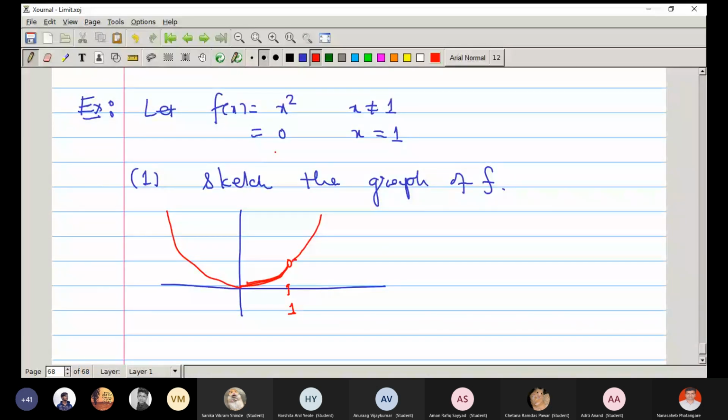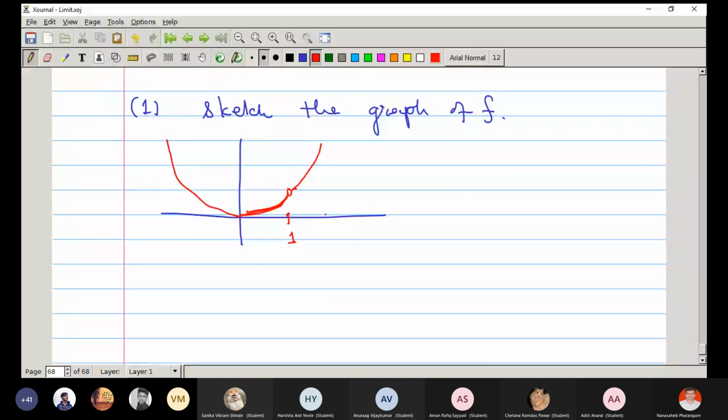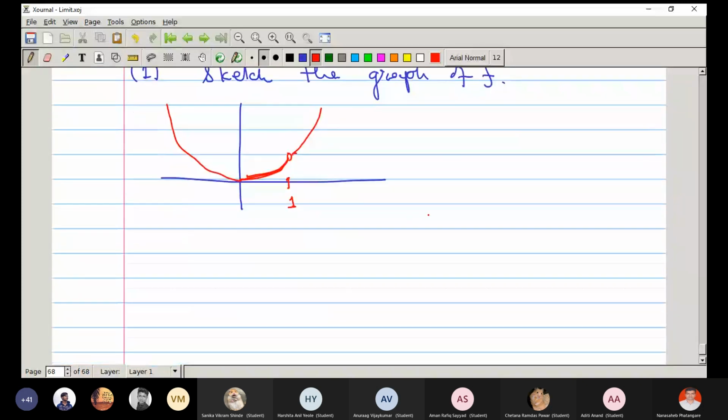Now, first of all, let me not define it at 1. I am not defining this function at 1. So this is the graph. At 1 the function is not defined.